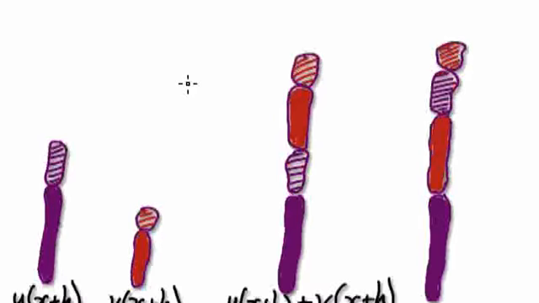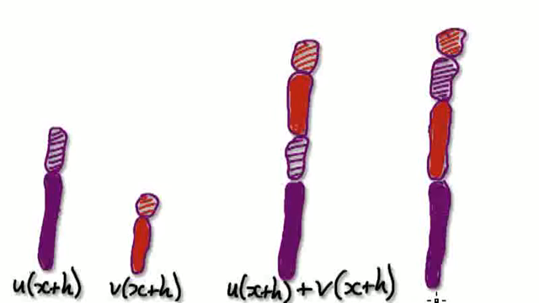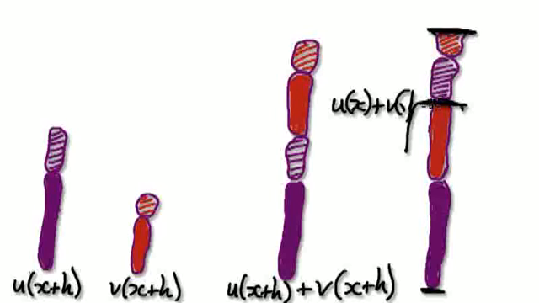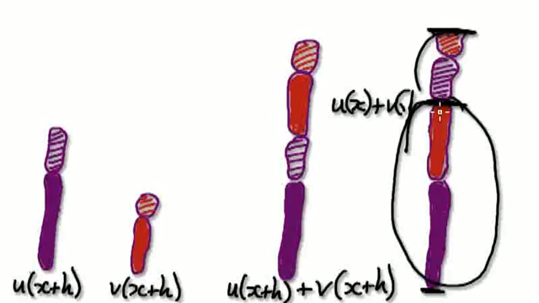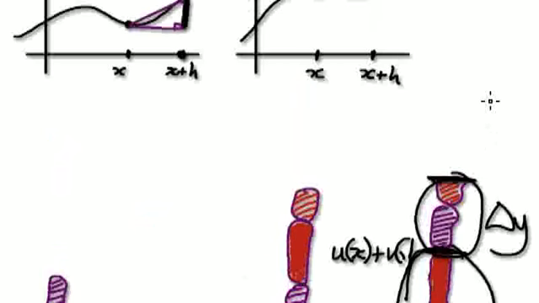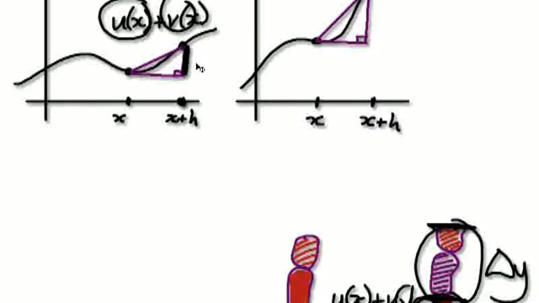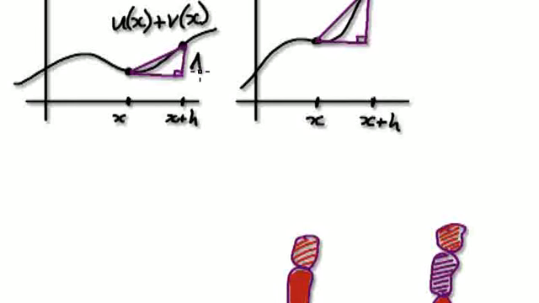So x plus h, or the combination of the two, takes you from here to here, and then you would take away your u of x plus v of x here. That's this bit here. So this bit here is your delta y. Delta y is this bit here.